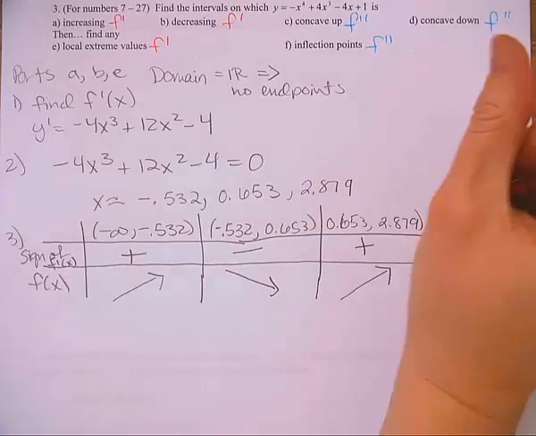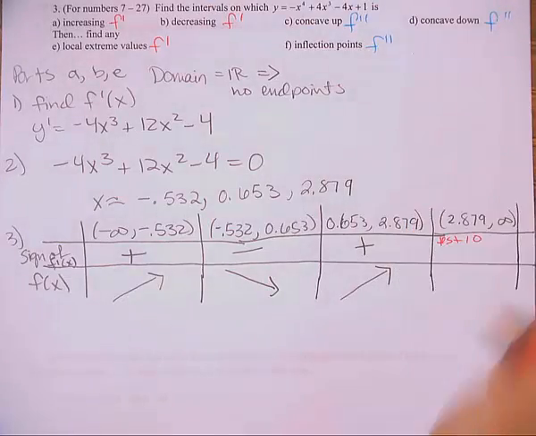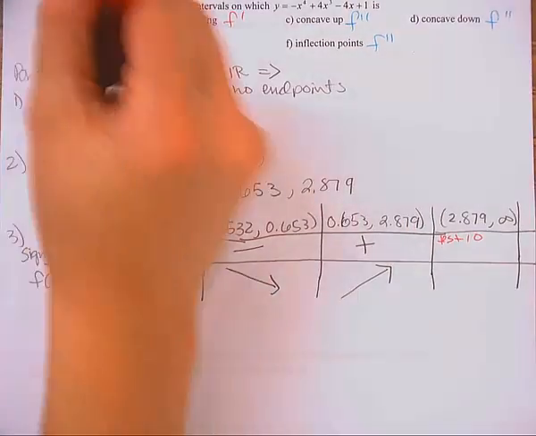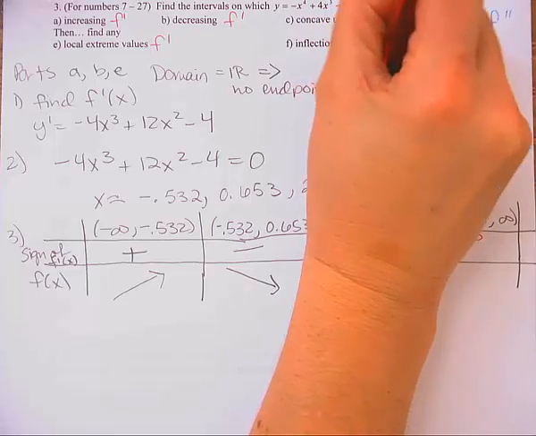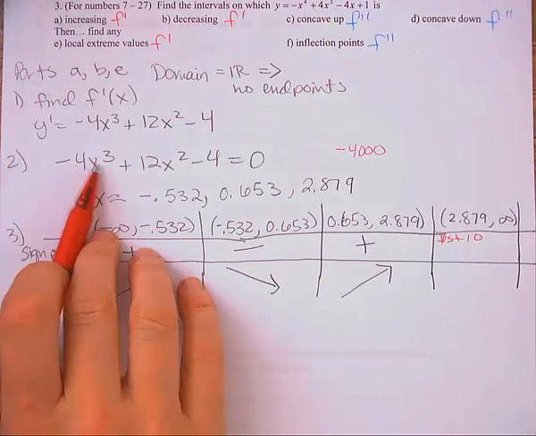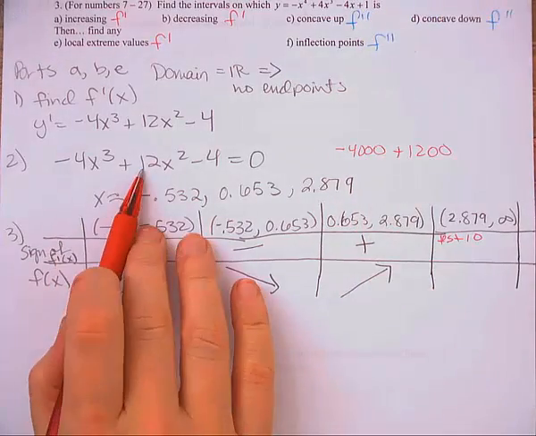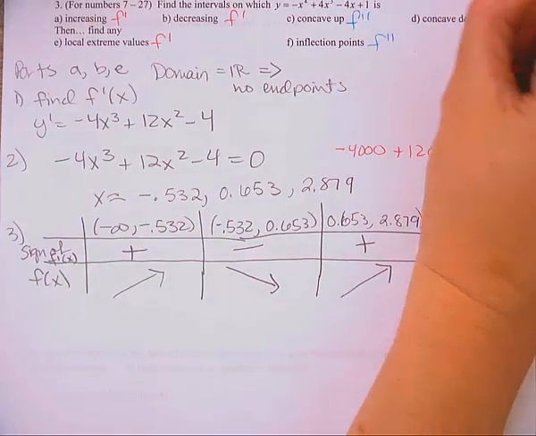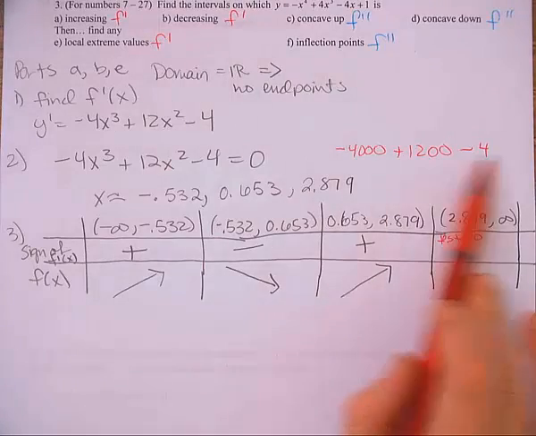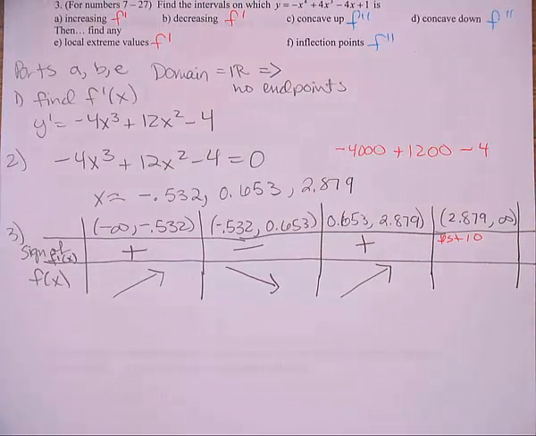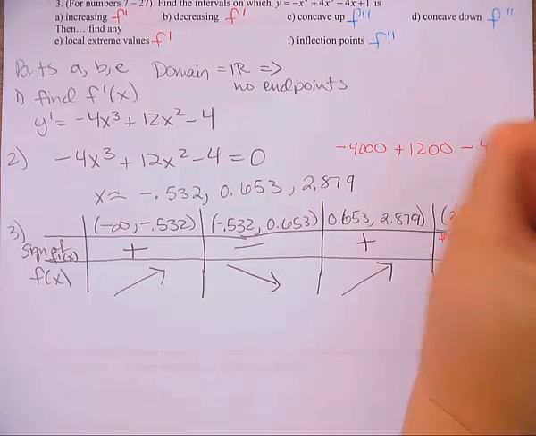So you could test the number 10, because it would be negative 4,000, because it's just a negative 4 with 3 zeros, plus 1,200, because it's just a 12 with 2 zeros, minus 4. So you can see right away that would end up being negative. So sometimes that's an easy one to test.